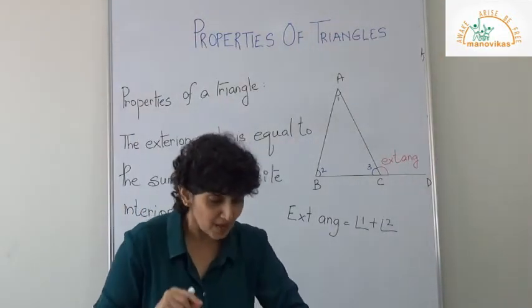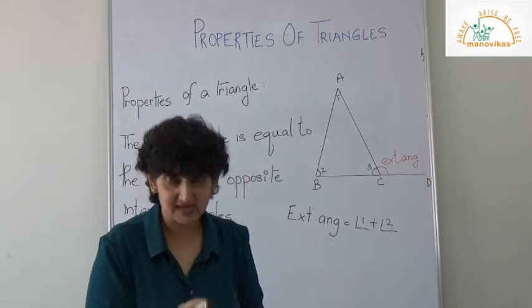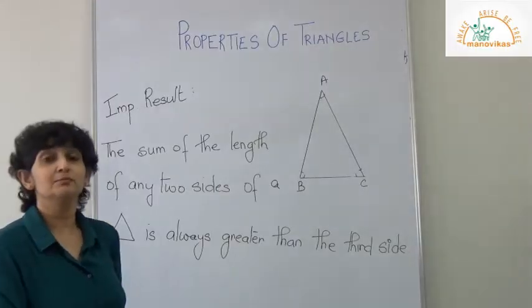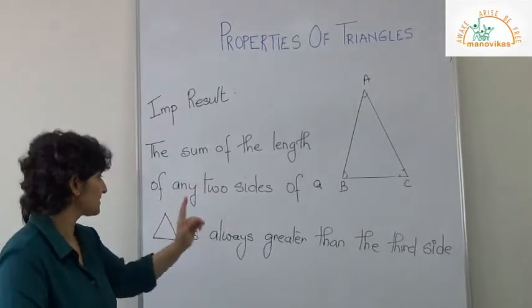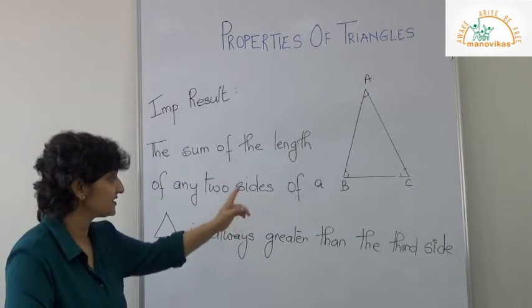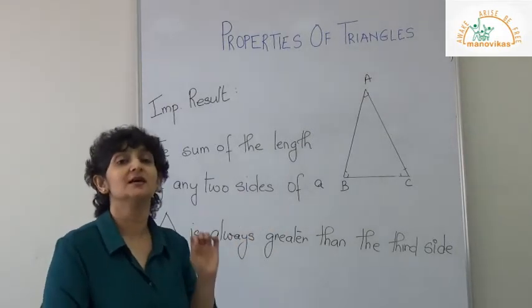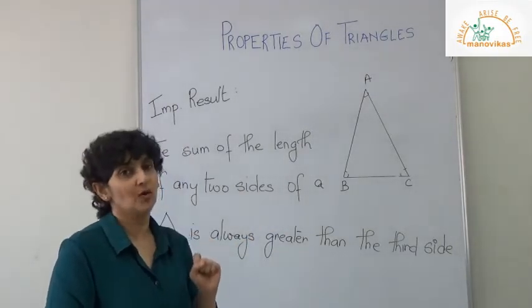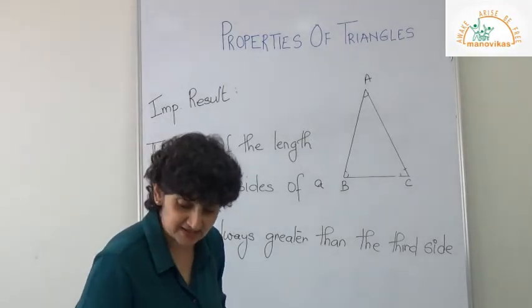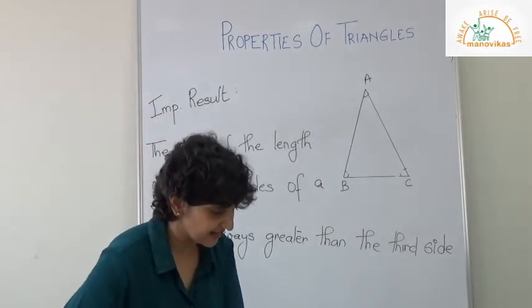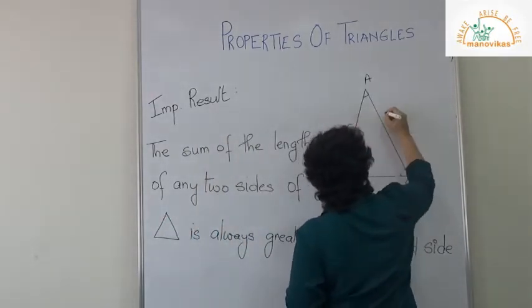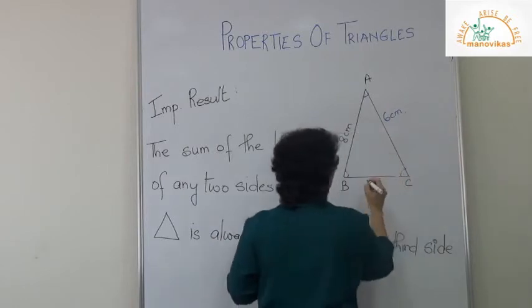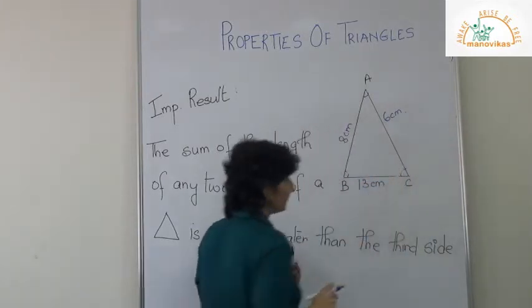Now let's learn one more important result in this. The important result here is that the sum of the lengths of any 2 sides of a triangle is always greater than the third side. What do I understand by this? For example, children, if we take, say, 8 centimeter, this is 6 centimeter, and this is, say, 13 centimeter.